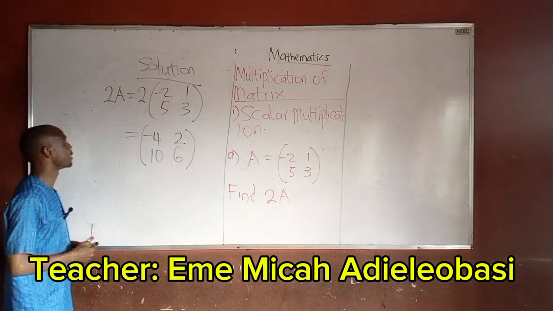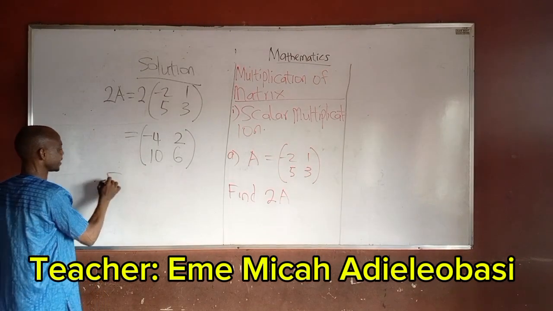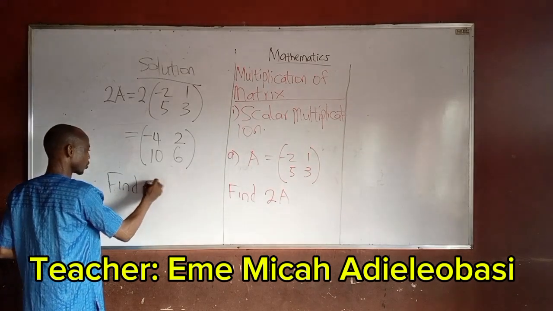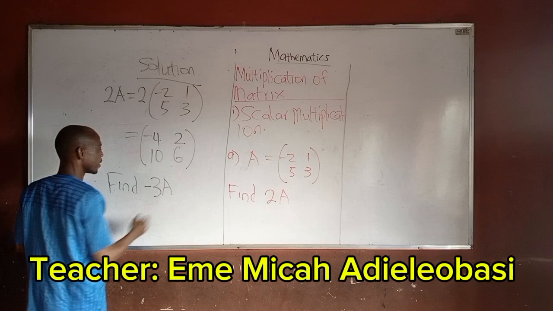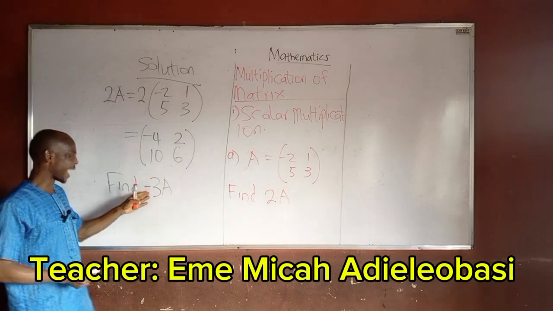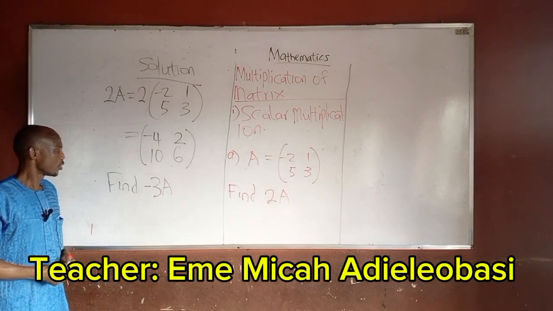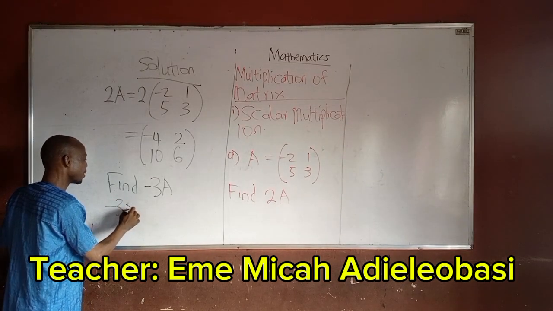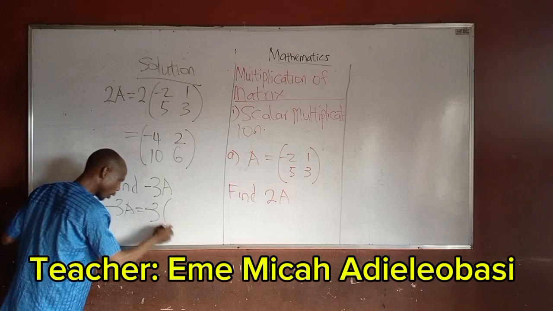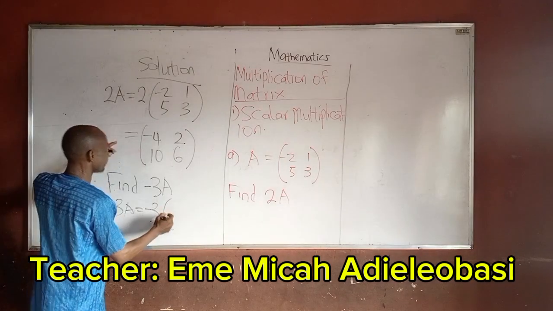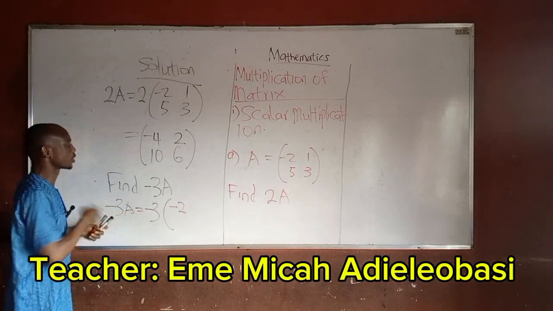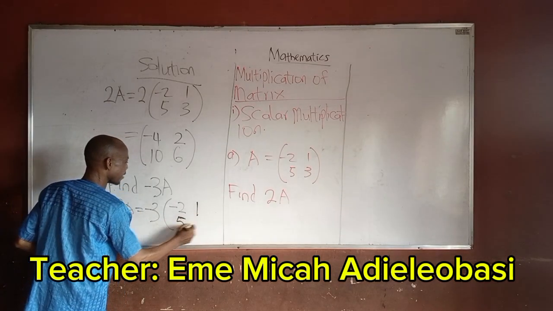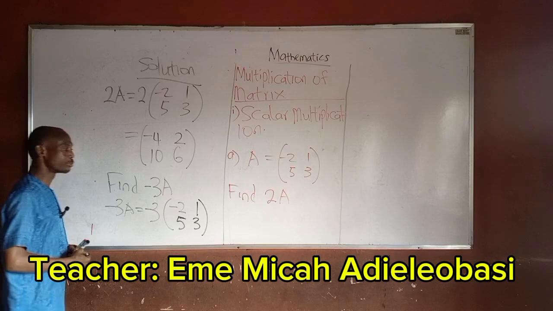Now let's take another example. If you are asked to find -3A, so we are using -3A, means -3 will multiply every value inside our matrix A. We have -2, 1, 5, 3, open bracket.